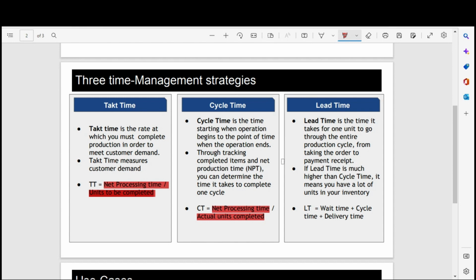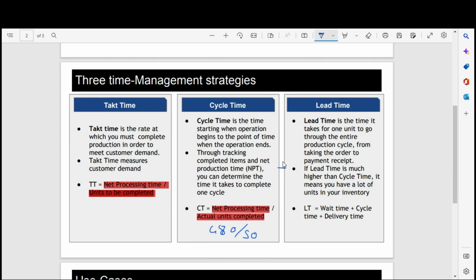Let's say the customer is asking you to produce 60 units per day, which is 8 hours, 480 minutes. However, the production team has only produced 50 units. So 480 minutes is the net processing time you have, and the production team has given you only 50 units.